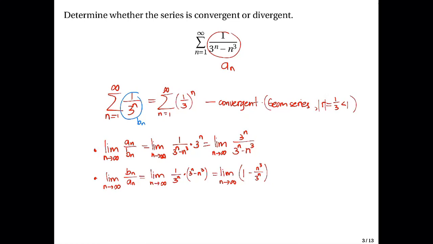Kuha nyo. So, in any case, I will accept the fact that this guy will go to 0 because exponential functions are much, much, much faster than the polynomial. Okay? Which means in here, this is just equal to 1. Okay?